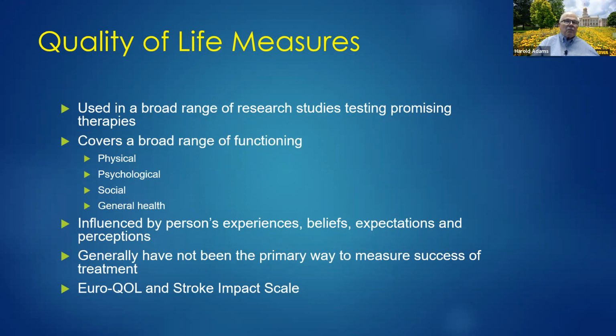Generally, these scales have not been the primary way to measure success of treatment, but are an important adjunctive one. There's a scale in stroke called the Stroke Impact Scale, and then there's the EuroQol, which is being used in stroke and other clinical research studies. Let's go on to the next slide.